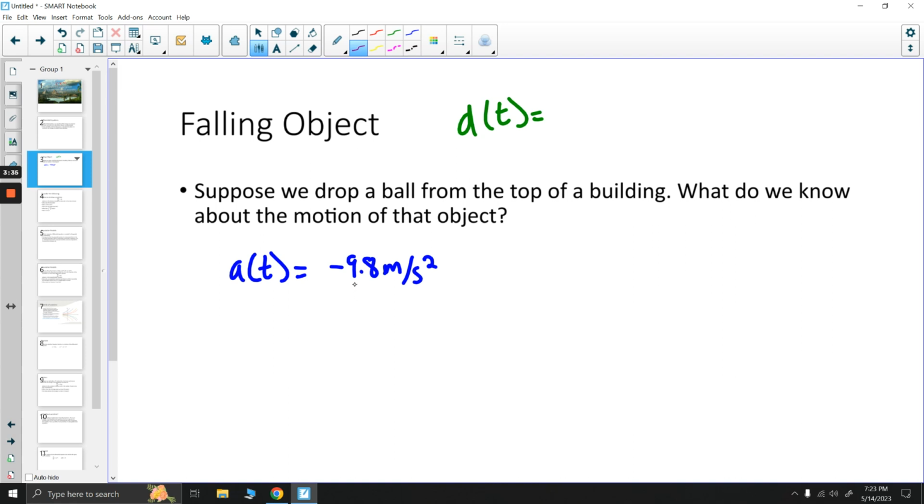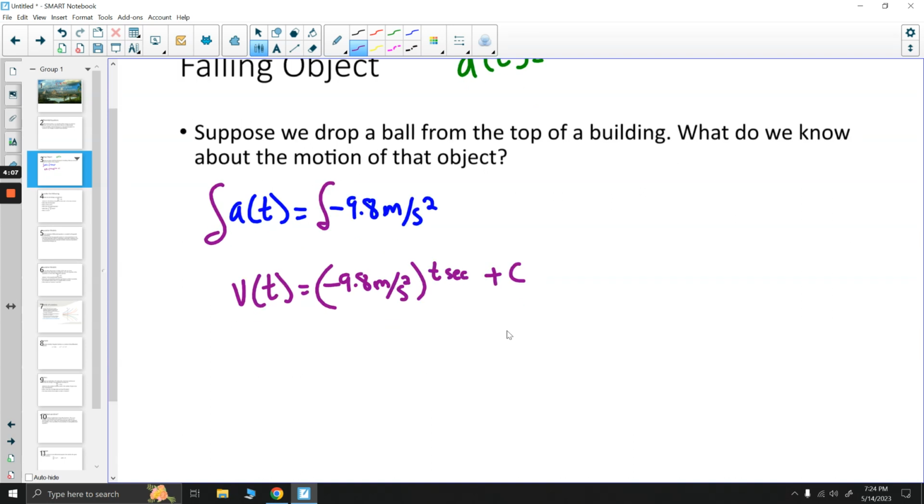It's an equation with a differential in it. Now we are going to describe this in terms of velocity. If we integrate this, the velocity with respect to time is the integral of acceleration, which would be negative 9.8 meters per second squared times t seconds, because we're integrating and the acceleration is just a constant, plus some c.